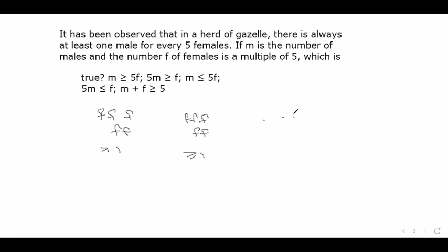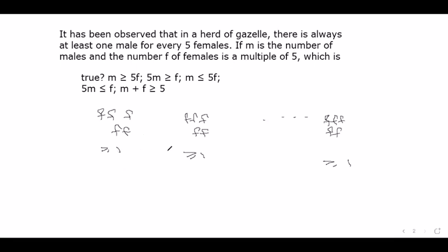So if you break them all up into groups of 5, then you can see that you have several groups, but there are M males.